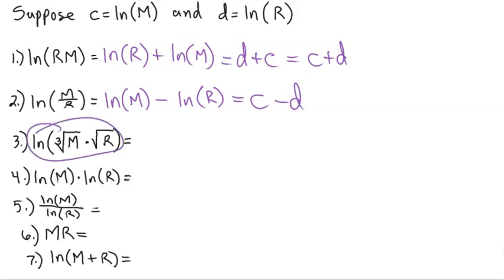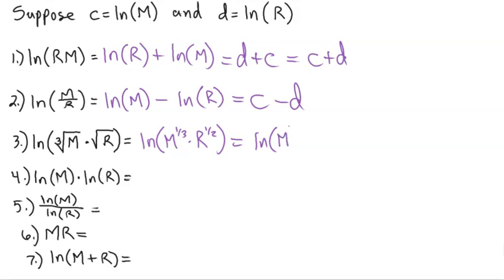Now we have the natural log of the cube root of m times the square root of r. Well, let's turn that into fractional exponents. This is now going to become the natural log of m to the 1/3 power times r to the 1/2 power. And now this multiplication is going to become addition. Natural log of m to the 1/3 power plus the natural log of r to the 1/2 power.